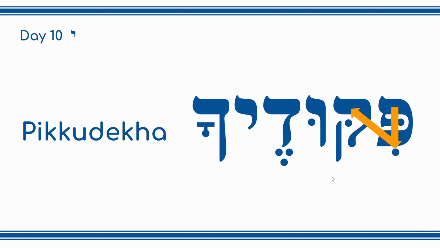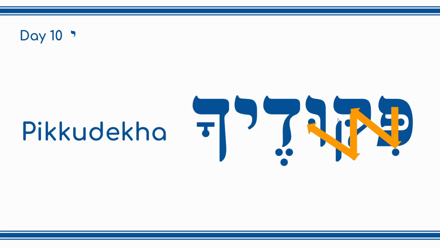And now we're going to look down. We don't see any vowels here and no vowels on top. So we're going to look over to the next letter here. And we see it's a vav, but we see a dot in the center here, which means we know that vav is acting as a vowel here, which means this vav has to be combined with the kuf.